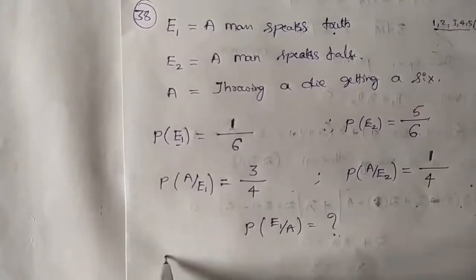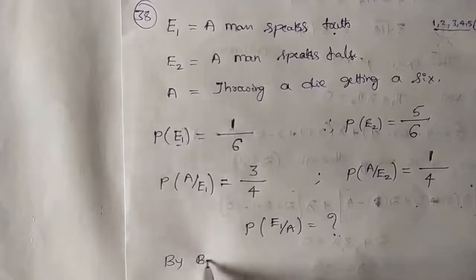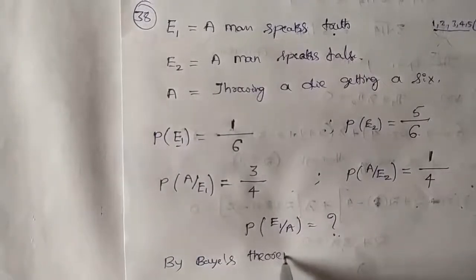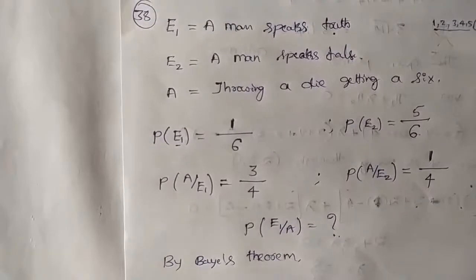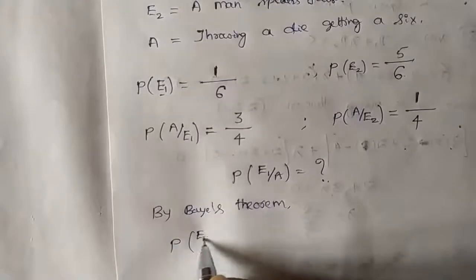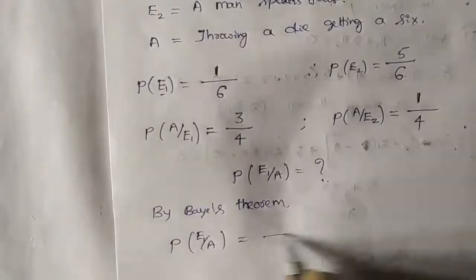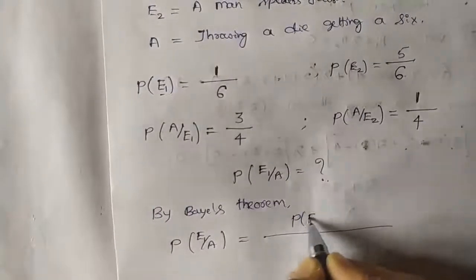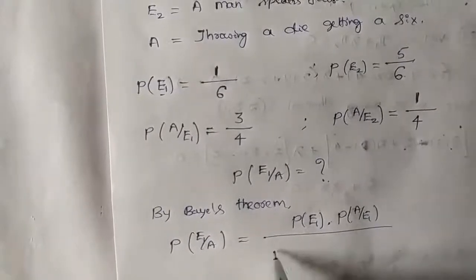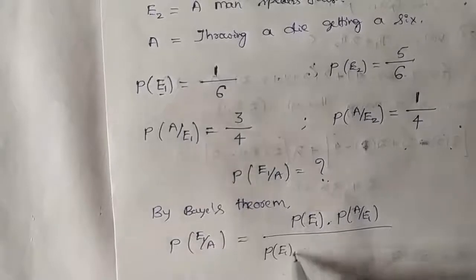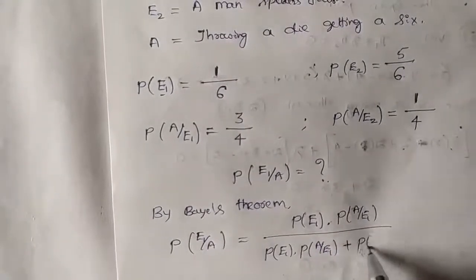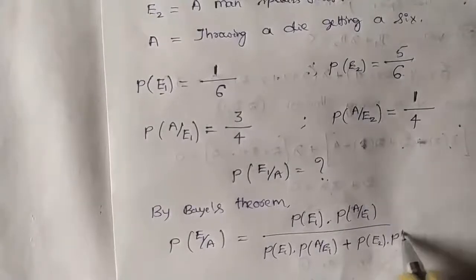Now recall Bayes theorem. By Bayes theorem, we know that probability of the event E1 by A equals probability of the event E1 into P of A by E1, whole divided by P of E1 into P of A by E1 plus P of E2 into P of A by E2.